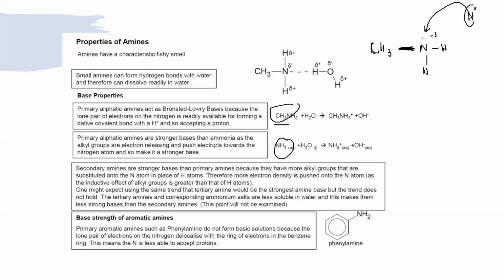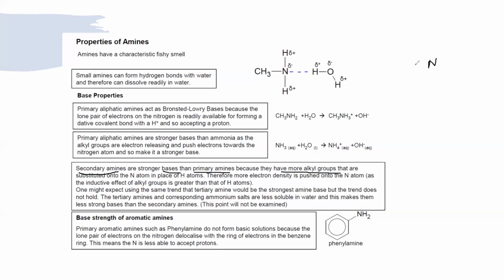And then when we compare secondary amines, they are stronger bases as compared to primary because they have more alkyl groups. If I have a primary alkyl amine, and if we have a secondary alkyl amine, secondary alkyl amines are stronger bases, or stronger alkalis, as compared to primary.